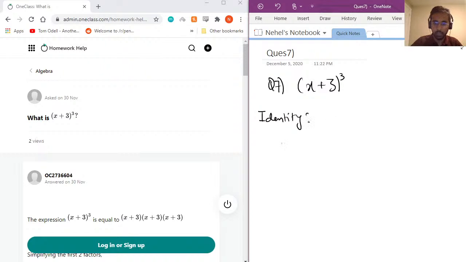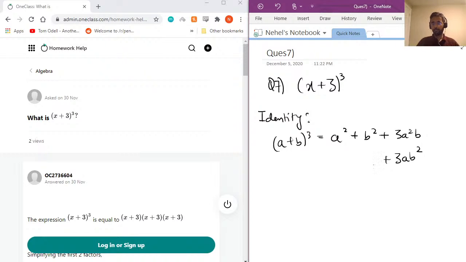So the identity is a plus b whole cube is equal to a cube plus b cube plus 3a squared b plus 3ab squared.